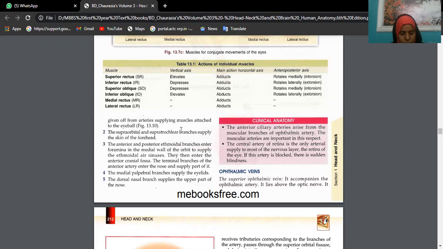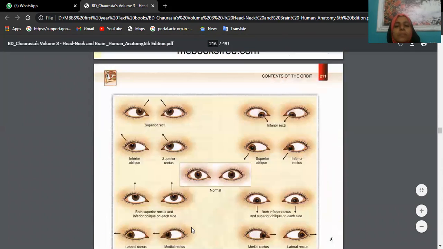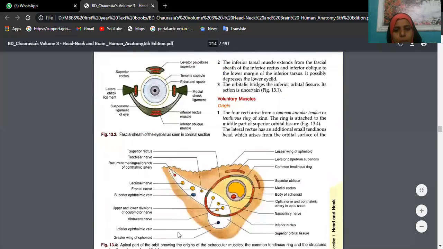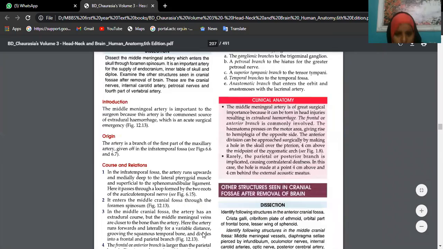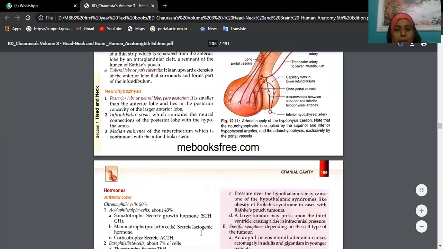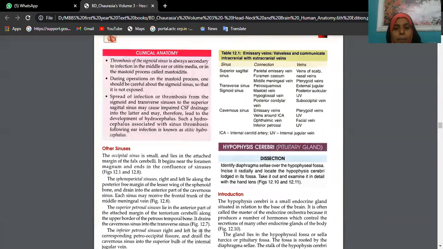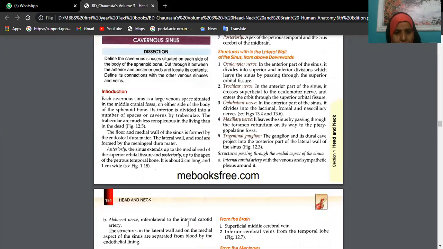What are the bones which are forming the septum of the nose, beta? Nasal septum. Just try to recollect, beta. Nasal bone is there, no? Frontal bone is there, vomer is there, palatine bone is there. Nearby we have septal cartilage, isn't it?